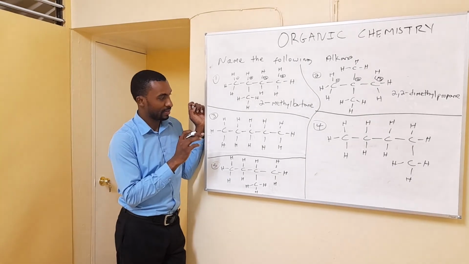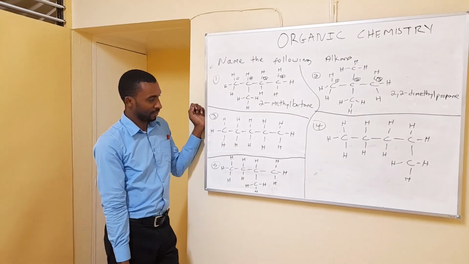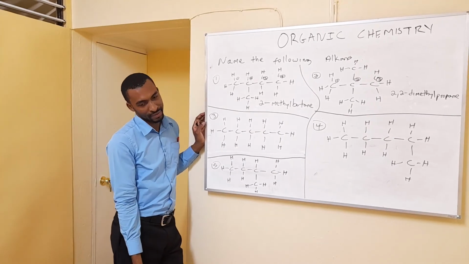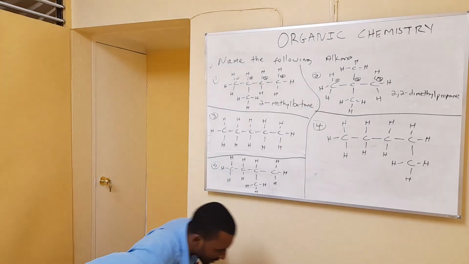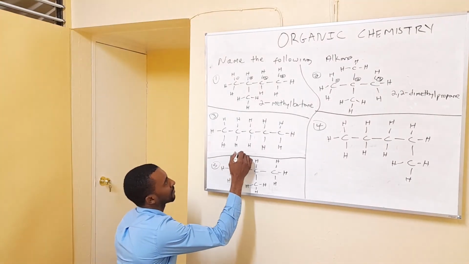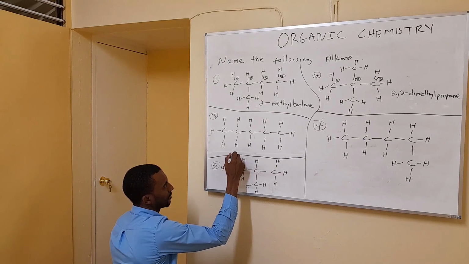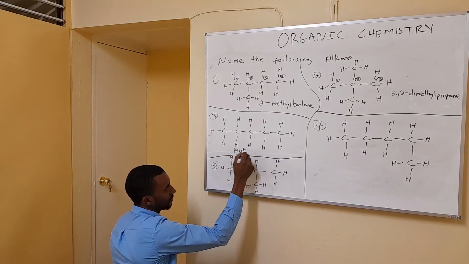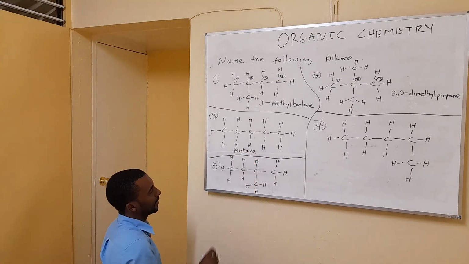Unbranched. How many carbon atoms do we have? 5. And what's the prefix that we use for 5 carbon atoms? Pent. Good. So what's the name of this compound? It's an alkane, has all single bonds. Name? Is it pentane? Good. P-E-N-T-A-N-E. So it's pentane.